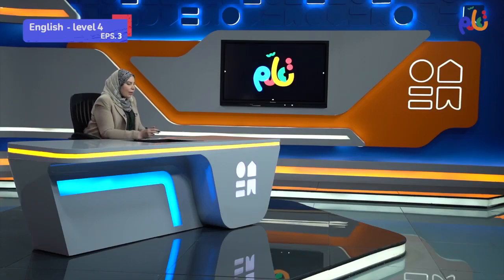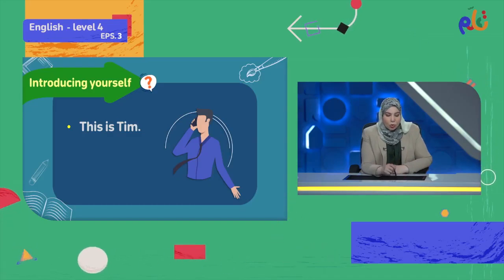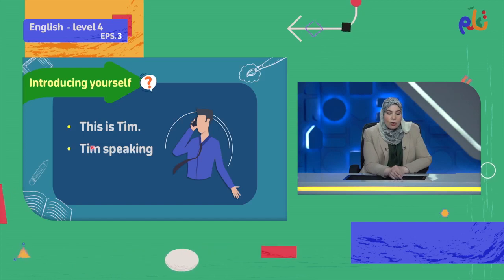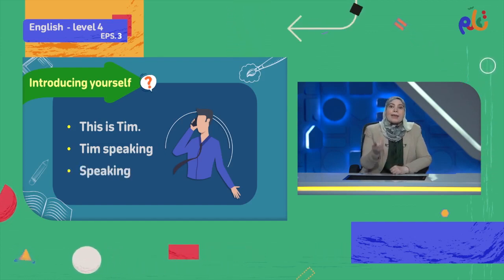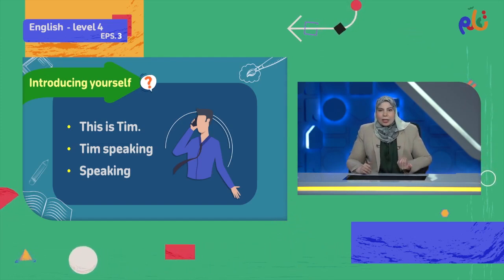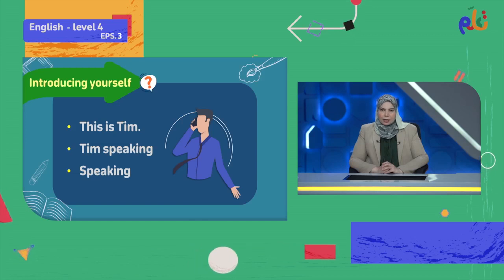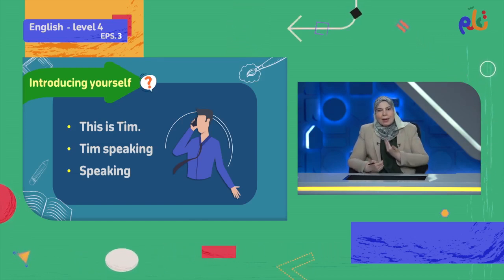So normally, once you answer the phone or once you call someone, you usually introduce yourself. So introducing yourself can go like, hello, this is Tim, or hello, Tim speaking. Or if someone started and said, hi, can I speak to Sally? I can say speaking, which means I am introducing myself, I am Sally.